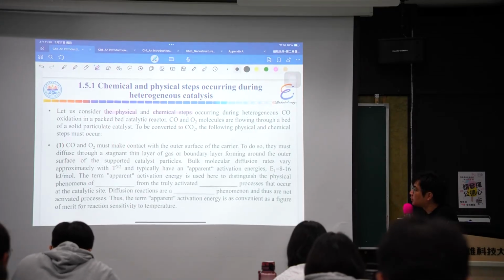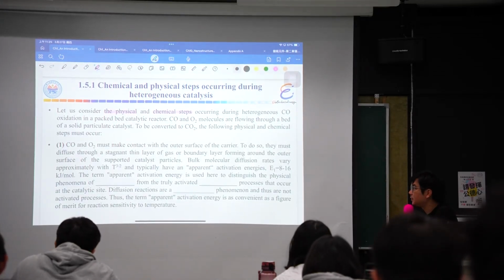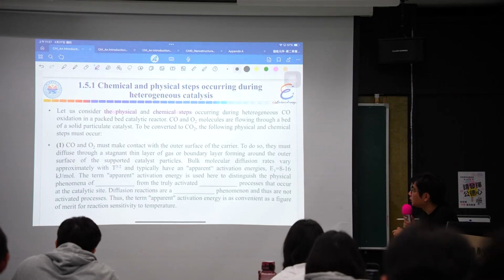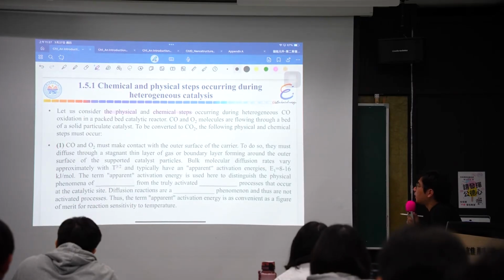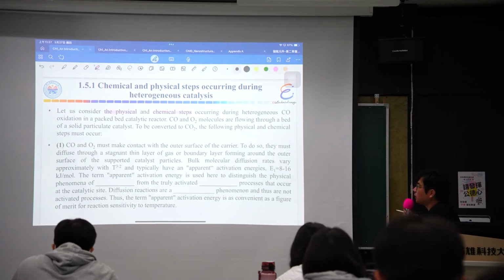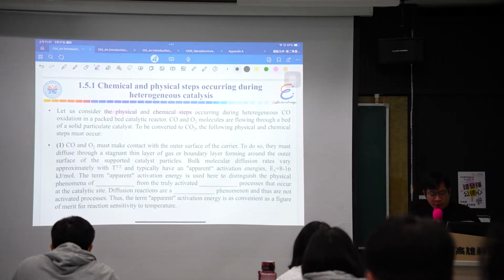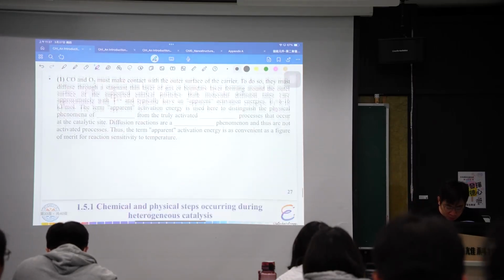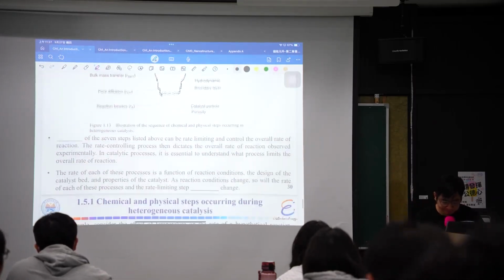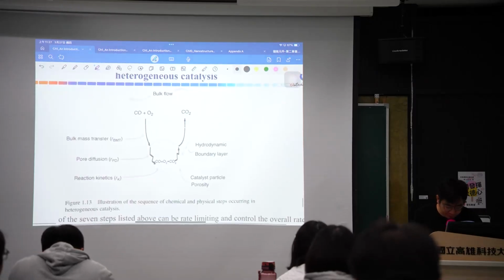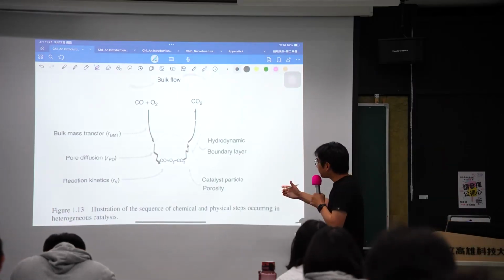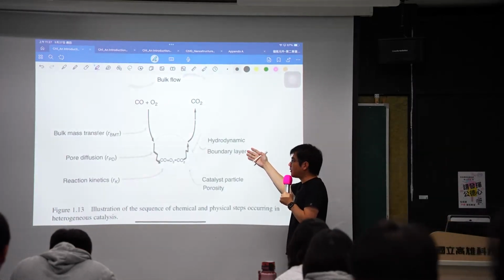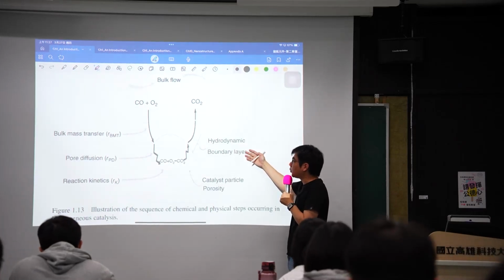To convert CO and O2 to CO2, we go through the following steps, some physical and some chemical.